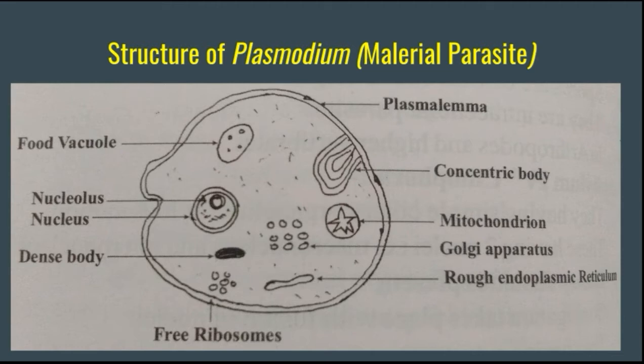The rough endoplasmic reticulum is for the formation of proteins, as well as free ribosomes, the dense body, and the nucleolus. The nucleus is present, and the food vacuole is also present in that structure. We have seen this structure thoroughly.